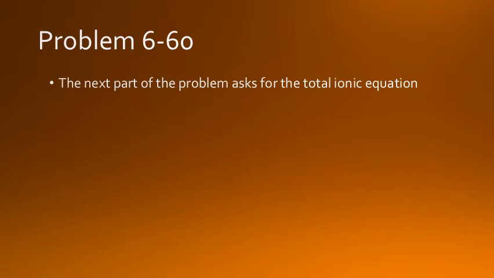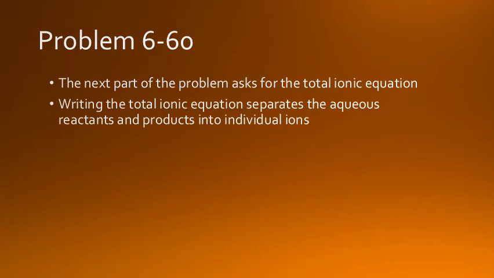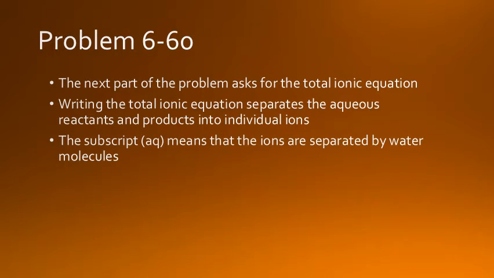So the next part, they ask for the total ionic equation. When we write the total ionic equation, we separate the aqueous reactants and products into individual ions. The subscript aq means that the ions are separated by water molecules. There is our molecular equation again. So if we take our aqueous reactants and products, separate them into their aqueous ions, here's what we get.